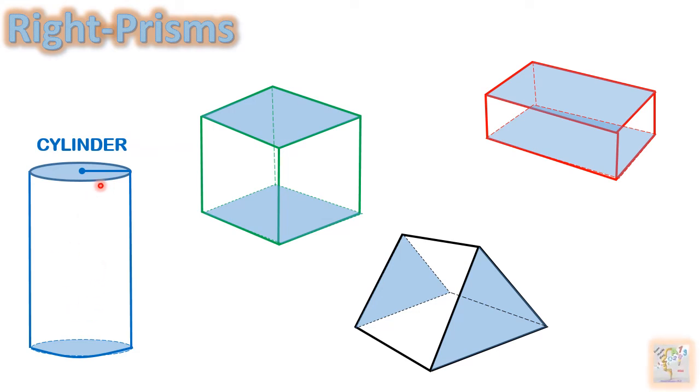Now let's check the first one. We'll call it a cylinder, because it has the radius. You can't talk about a circle unless you have the radius, because the radius determines the area of a circle. The bigger the radius, the bigger the area. But immediately when we take this circle and translate it, move it down at an angle of 90 degrees, then we have the third dimension, which is our height.